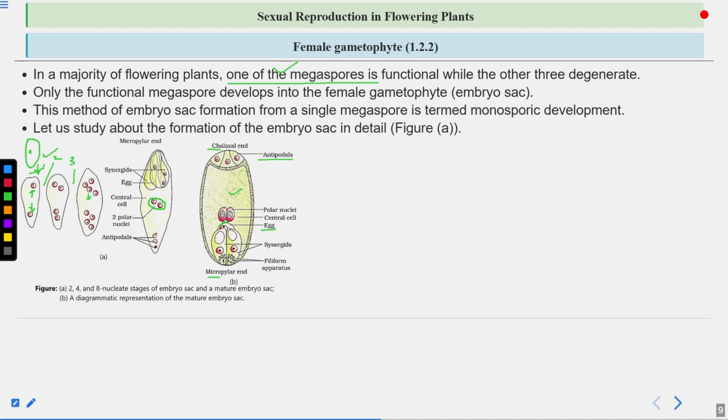Always remember this: the mature female gametophyte, or embryo sac, consists of 8 nuclei and a 7-cell structure. This has been formed from one megaspore only, and that is why the development of this embryo sac is called monosporic development. Okay.